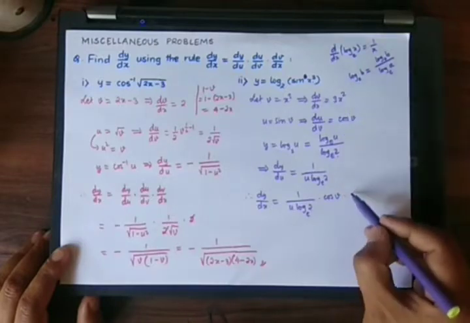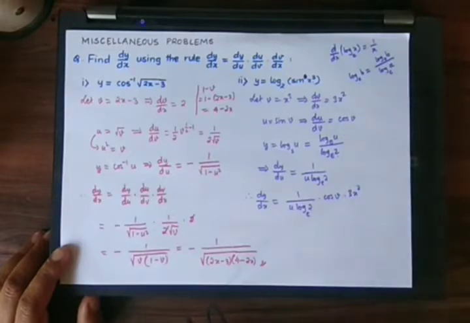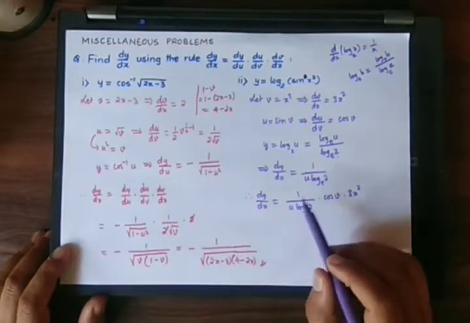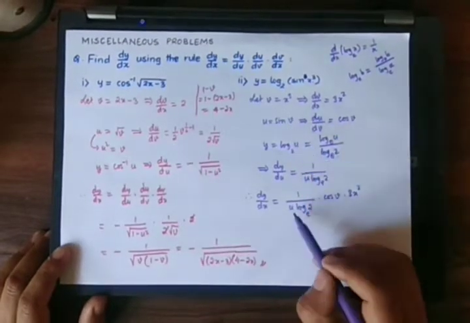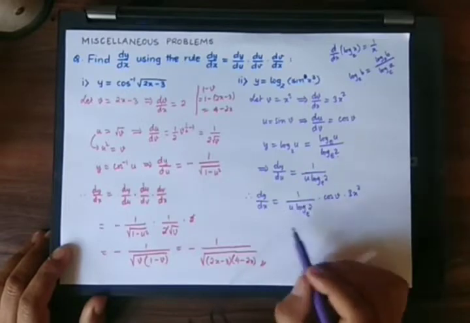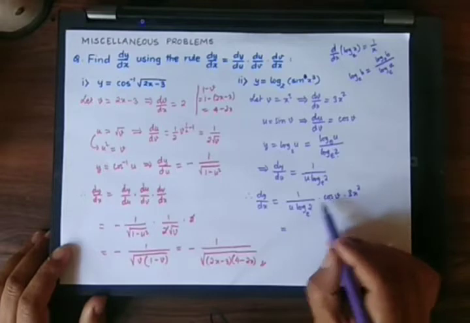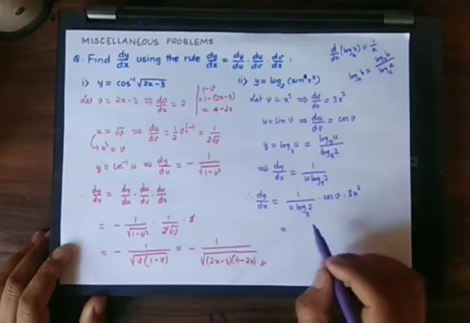So dv by dx is 3x squared. Now let us put back the values here. So what is u? u is sine v, right? So first substitute u. So u is sine v. So cos v by sine v becomes cot v, right?